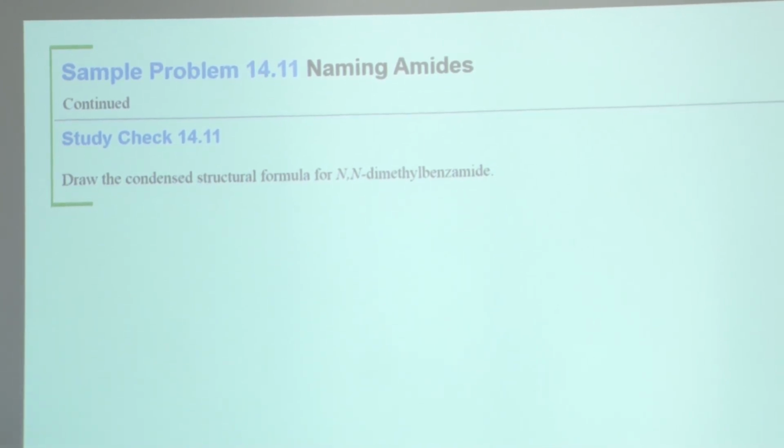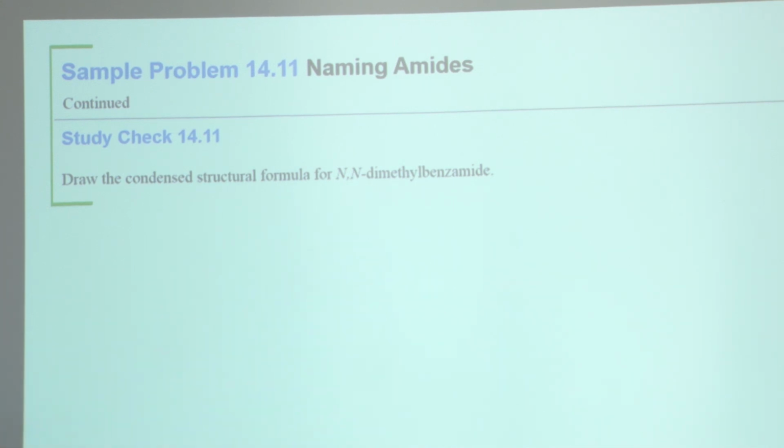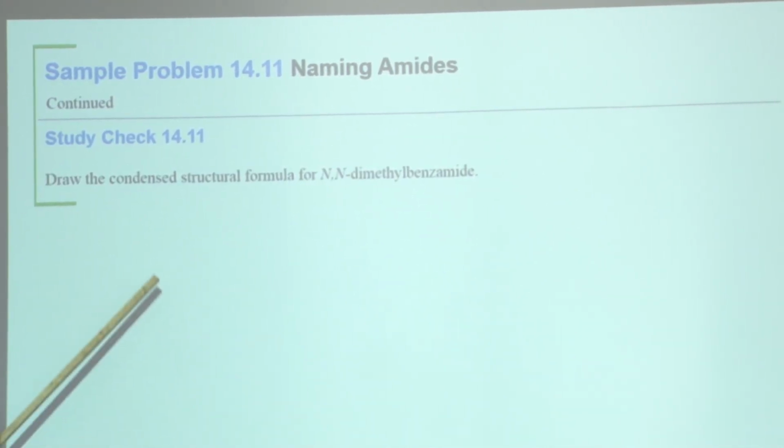N,N-dimethylbenzamide. You have benzoic acid, which is an aromatic ring with a carboxylic group, and two methyl groups connected to the nitrogen. Please work on this.